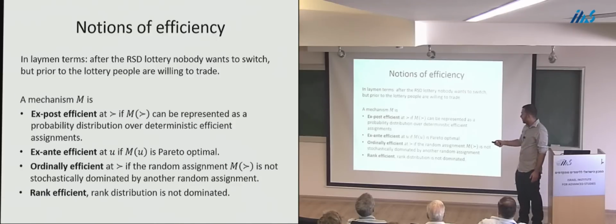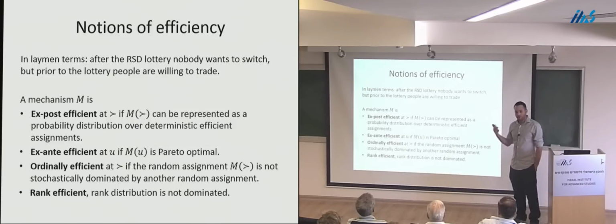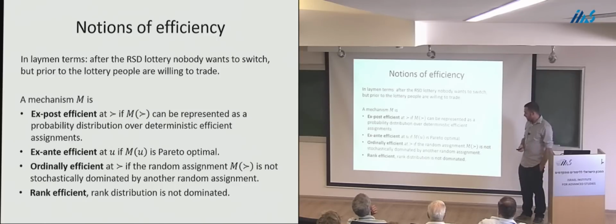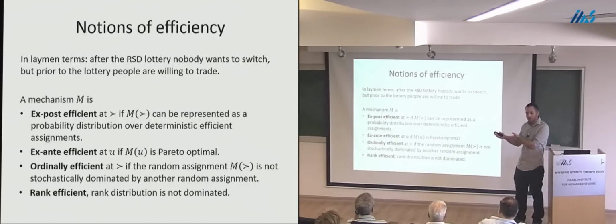Generally, we say that the mechanism is ex post efficient. So fine, I think most of you know that, but ex post efficient if nobody wants to trade after the fact, ex ante efficient if nobody wants to trade before, and ordinally efficient, this is something a bit new here, it means that we don't have people's utilities. We only have their ordinal preferences, and we don't want them to be able to trade based on the ordinal preferences. So it means that the assignment that we get out of the mechanism is not stochastically dominated by some other random assignment.